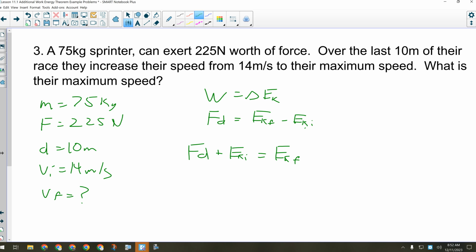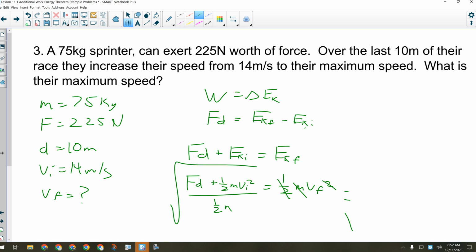So we would have then force times distance plus 1/2 mv initial squared, I have all of those numbers, equals 1/2 mv final squared. How do I get v final by itself? Divide both sides by 1/2 of m, and then square root.